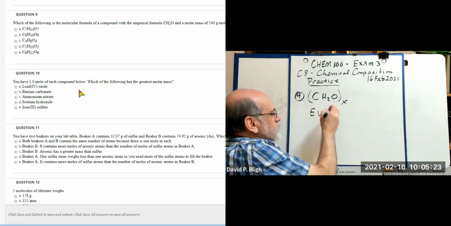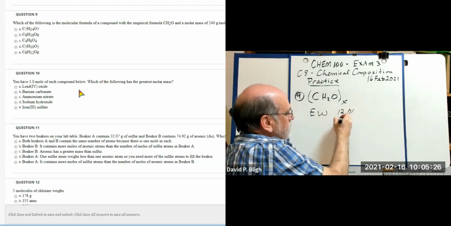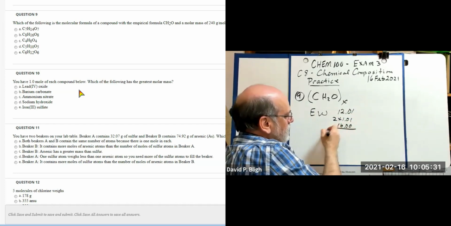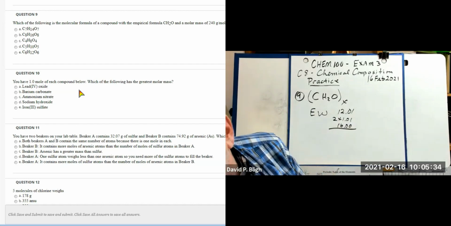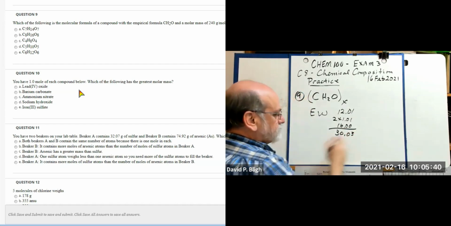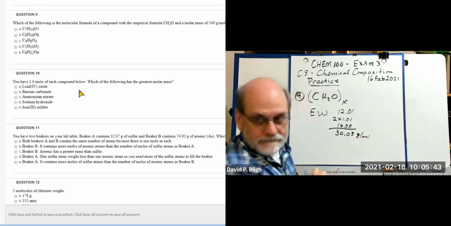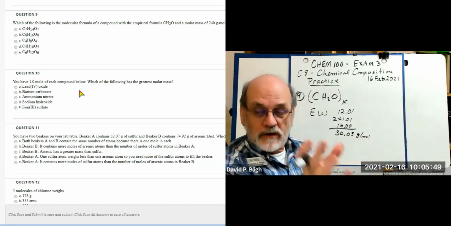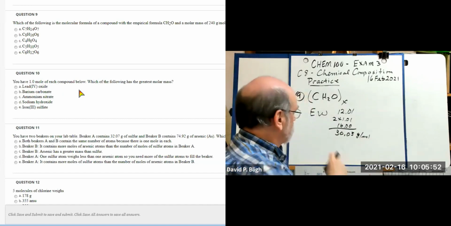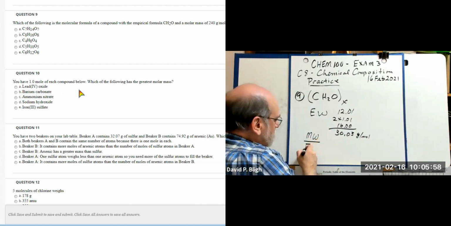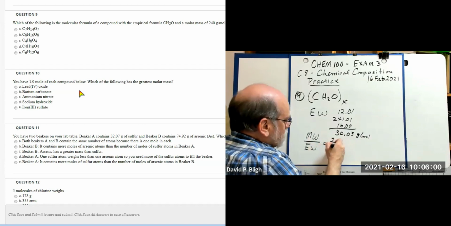So the empirical weight for this one would be 12.01 and 2 times 1.01 and 16. Right? So that would be 30.03 grams per mole. But we're given the molar mass for the actual compound, the molecular weight. So the ratio of the molecular weight to the empirical weight is equal to 240 divided by 30.03.